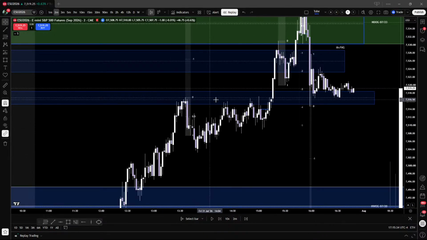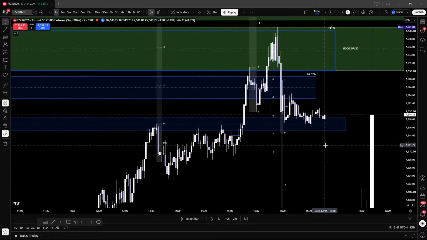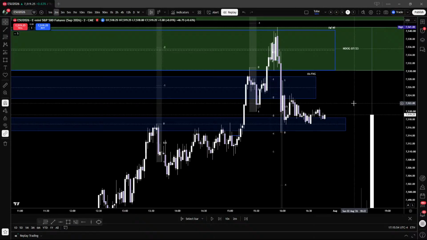But when you have these relative equal highs here, that looks pretty bullish. It wants to take this liquidity first before it takes this one here. That's what it looks like to me when I see something like this when price is already pretty bullish.